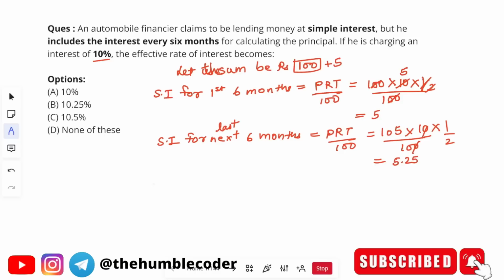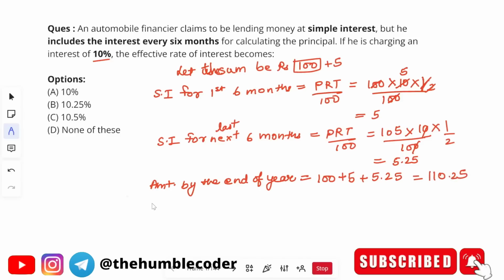Now the amount that we will have by the end of the year. Initially we invested 100, right? Then on that we got 5 interest for the first 6 months, and then 5.25 for the next 6 months. So when we total it, we will get 110.25. This is the total amount for the entire year.